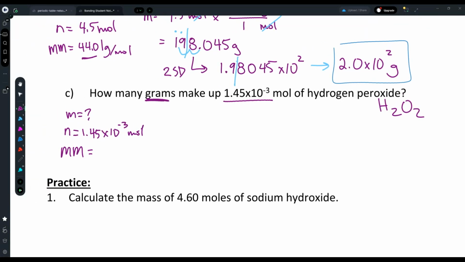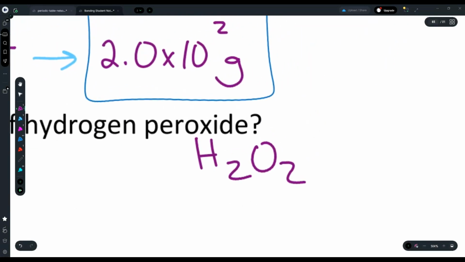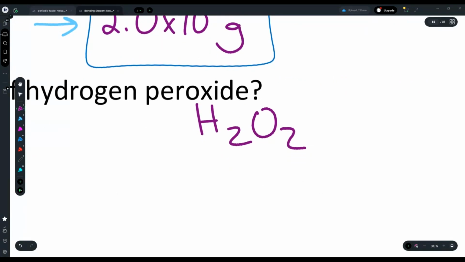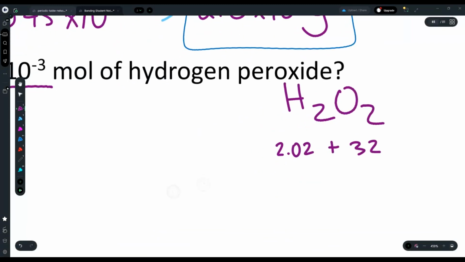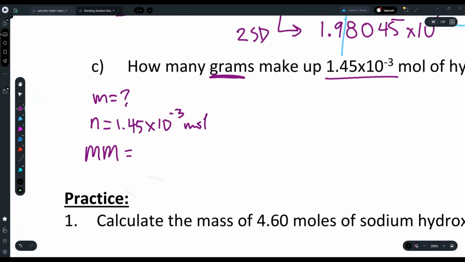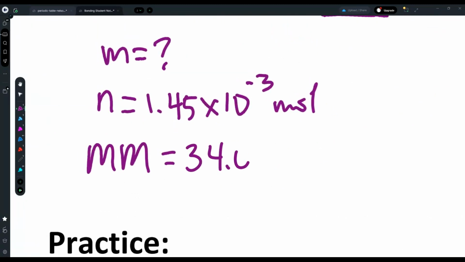All right, so with that, hydrogen, there's 2 of them. 2 times 1.01 is going to be 2.02, plus oxygen, molar mass for that is 16. 16 times 2 is 32. Add those up together, and we are going to get 34.02 grams per mole.